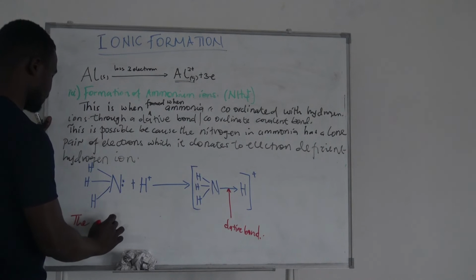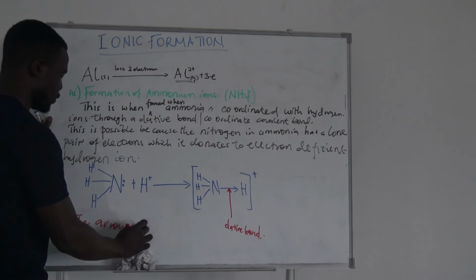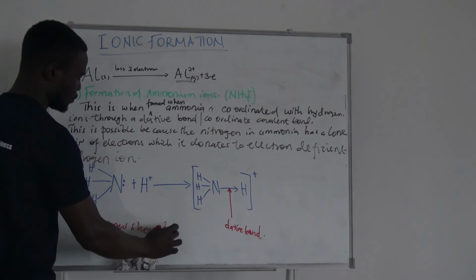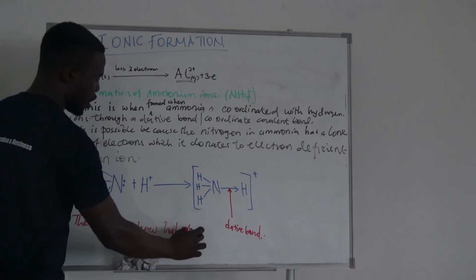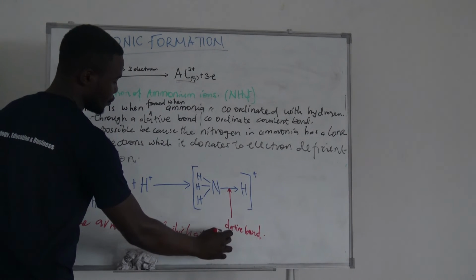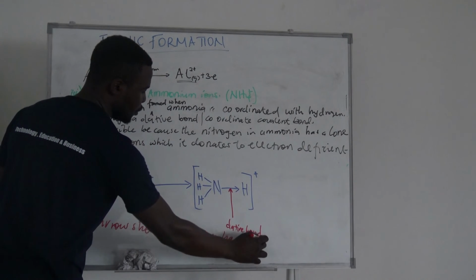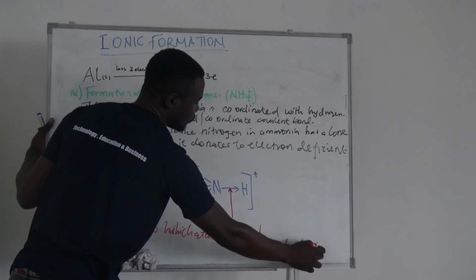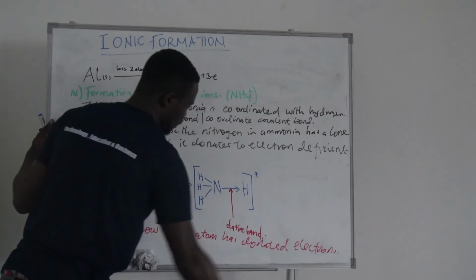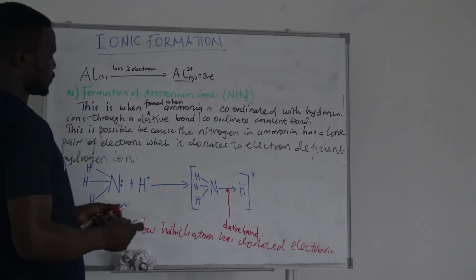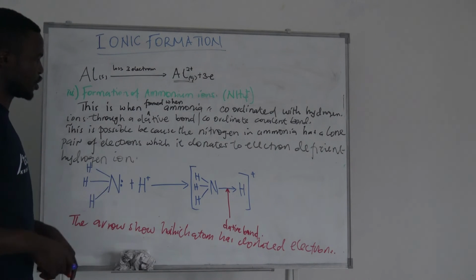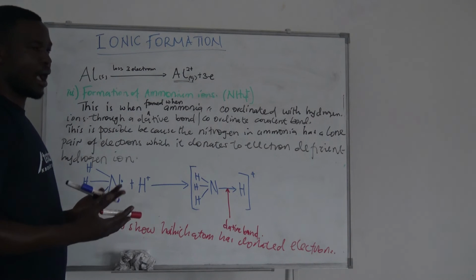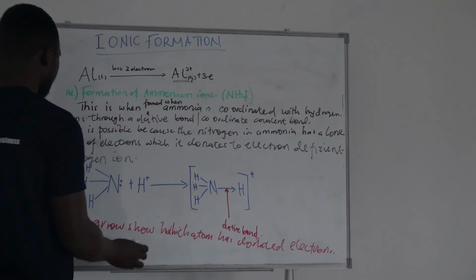The arrow shows which atom has donated electrons. So that is how ammonium ions are formed, guys.